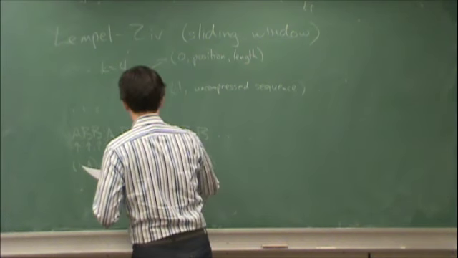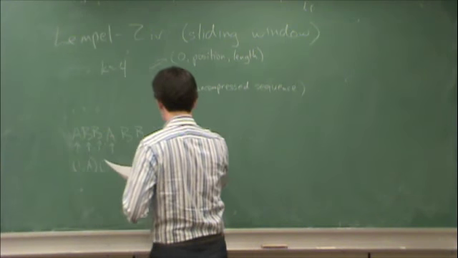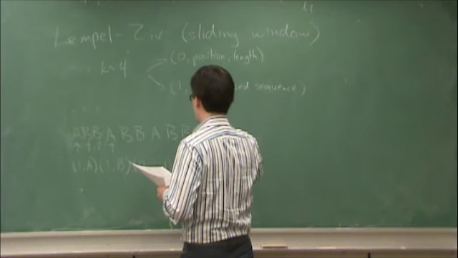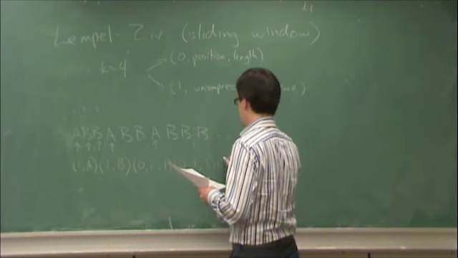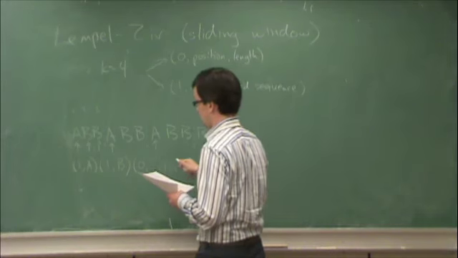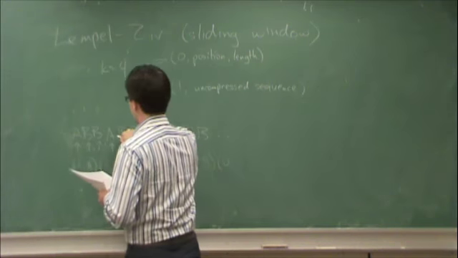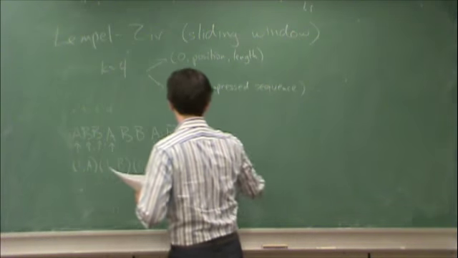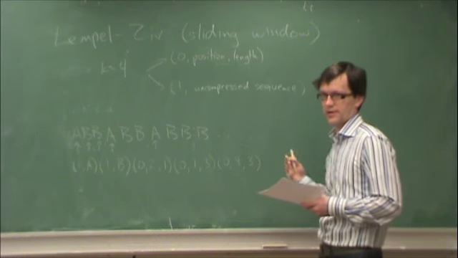And then ABB has occurred before, but ABBB has not occurred before. So this would be 0, has occurred before, position. Now, my window is 4, so I can only look back 4 positions. So I have to look here. The position is 4, and the length is 3, and so on. So this is basically how we would compress.